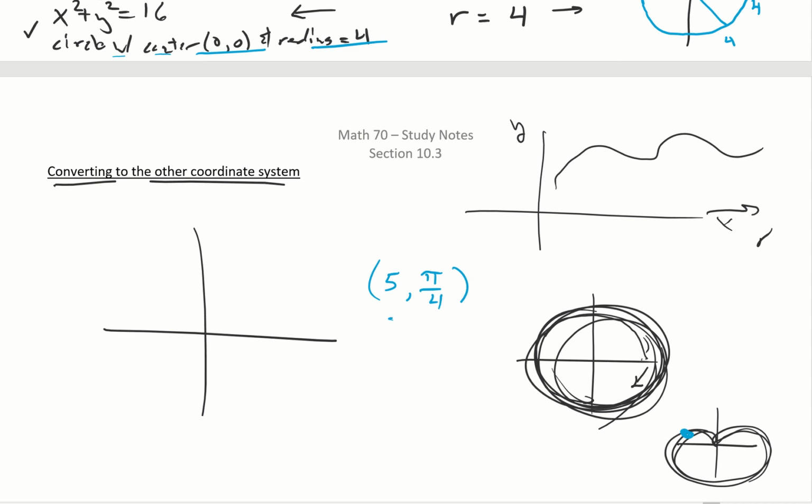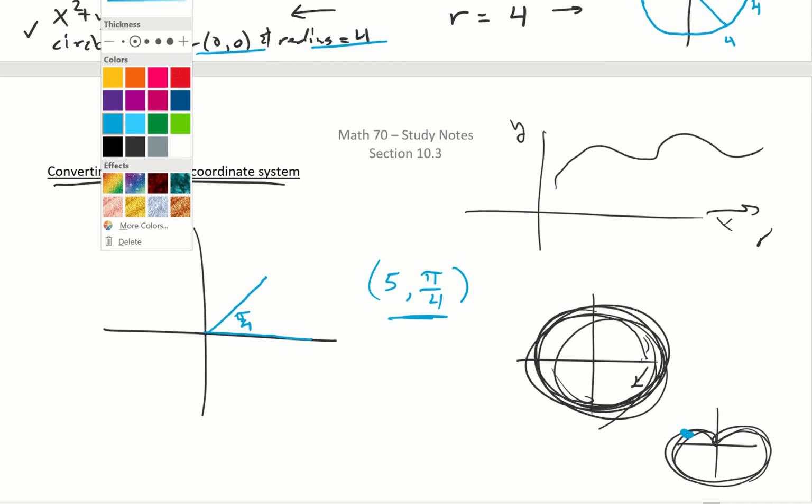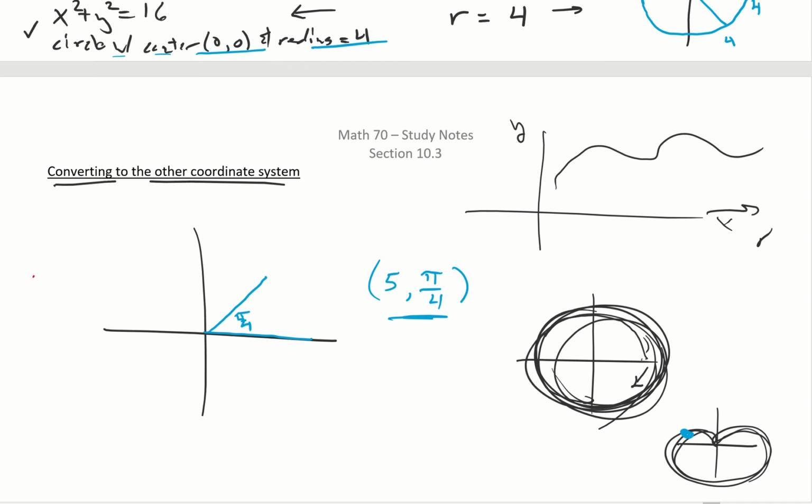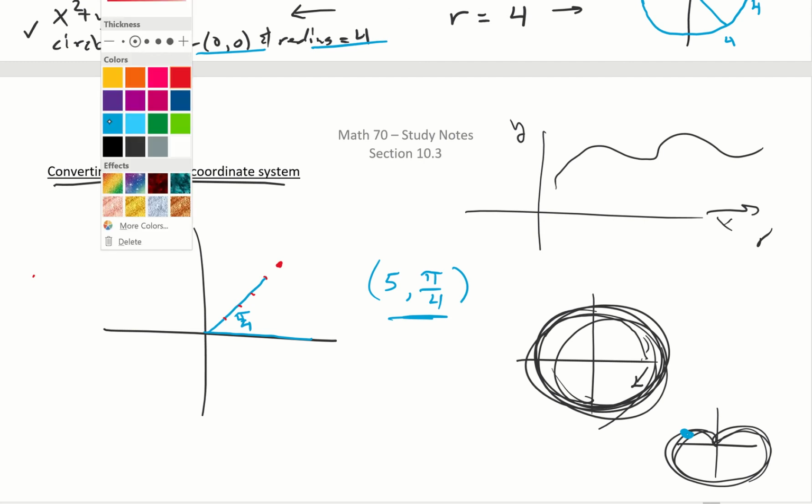I really don't like the order they have here. I like theta first and then r, because that's how I think: there's the angle, and now travel that far. But anyway, you start in standard position and go 45 degrees, or pi over 4. And then along this line you go 1, 2, 3, 4, and 5, and plot a point there, and that's your point.